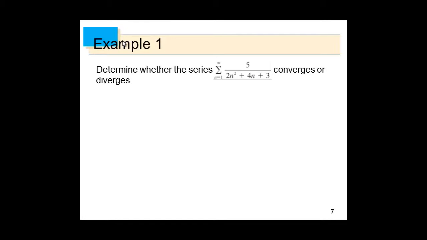Now, what convergent series would you use? You're going to use that 5 over 2n squared because you know that it's convergent. You're going to compare this series with the known series, right?